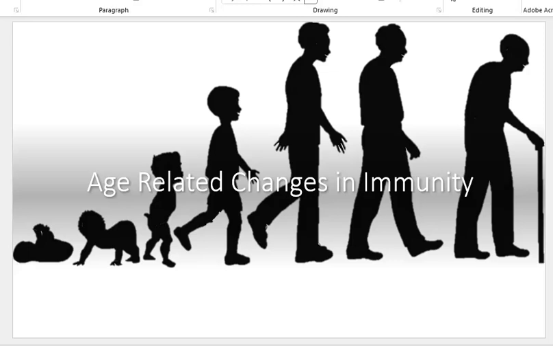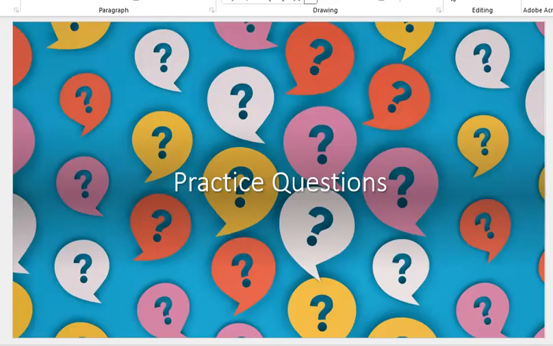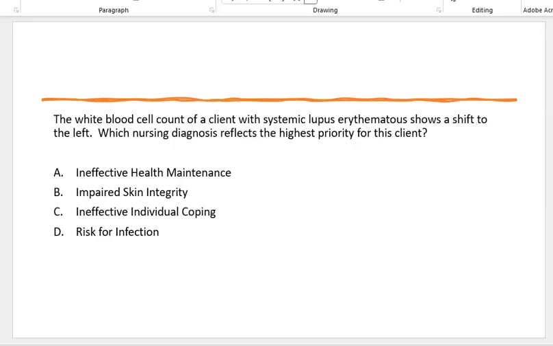For cell-mediated immunity, the number of circulating T cells decreases. The older generation is more at risk for bacterial and fungal infection, especially on the skin, mucous membranes, respiratory tract, and GI tract. So now we're just going to go through some practice questions.